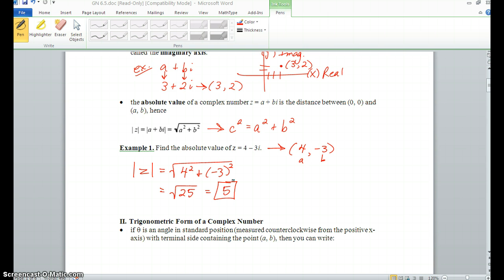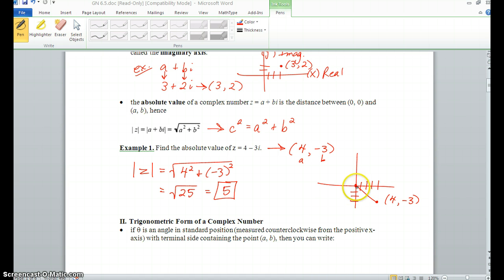What about graphically speaking though? Let's draw ourselves an xy axis, or real imaginary axis at this point, of course. So if we're looking at the ordered pair 4, negative 3, 4, negative 3 is in the fourth quadrant. The starting point 0, 0 to that ordered pair 4, negative 3 takes shape like this.